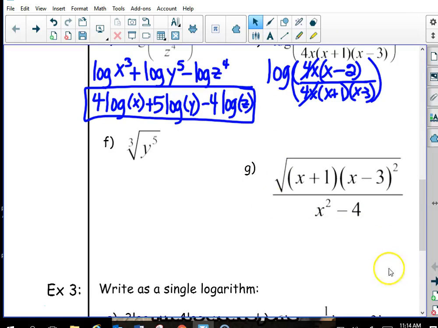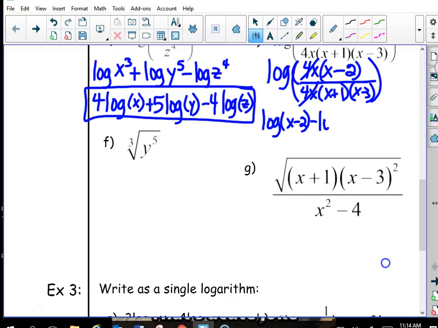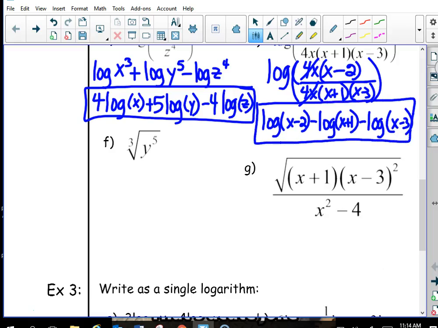It turns out, though, on the quiz, it doesn't matter. It doesn't care if you reduce it or not. I just like to type less. So this is going to turn into log of x minus 2 minus log of x plus 1 minus log of x minus 3. Again, everything that's in the denominator is a negative log. And we're done with that.